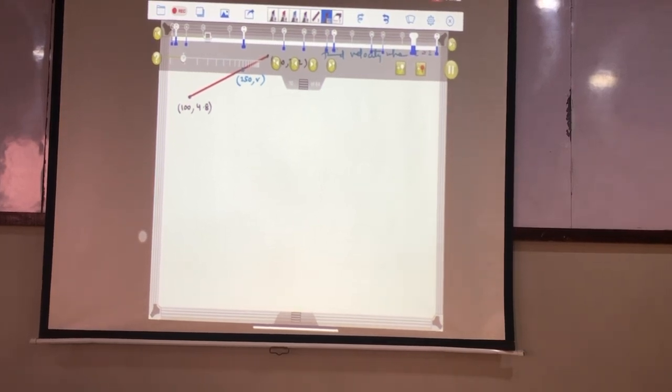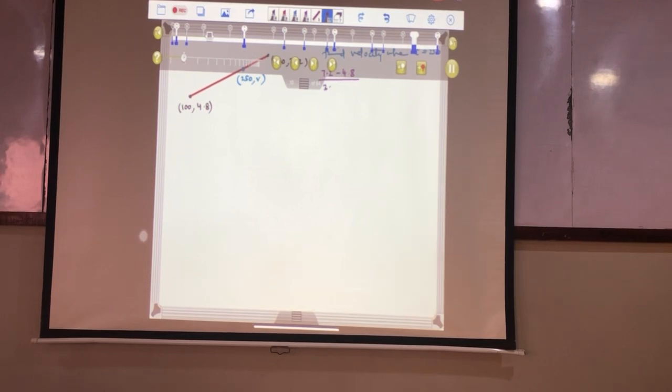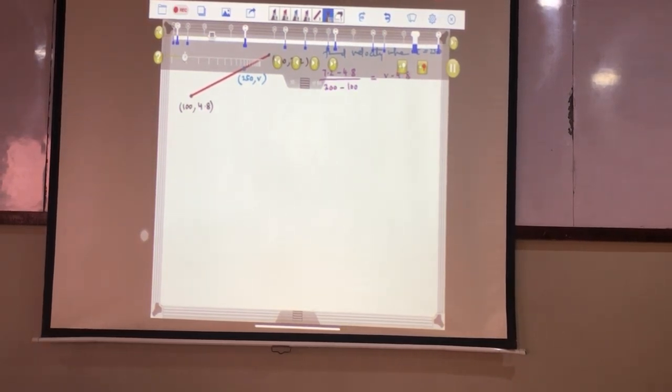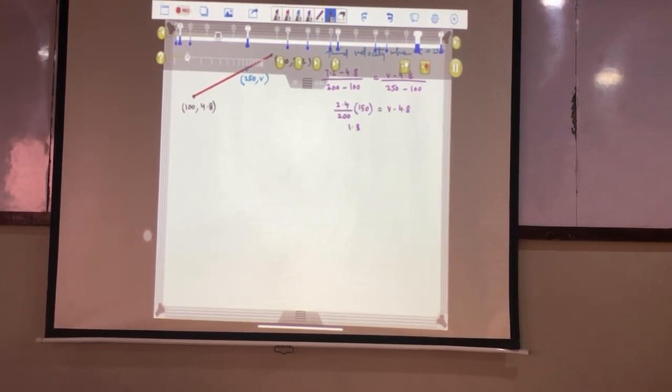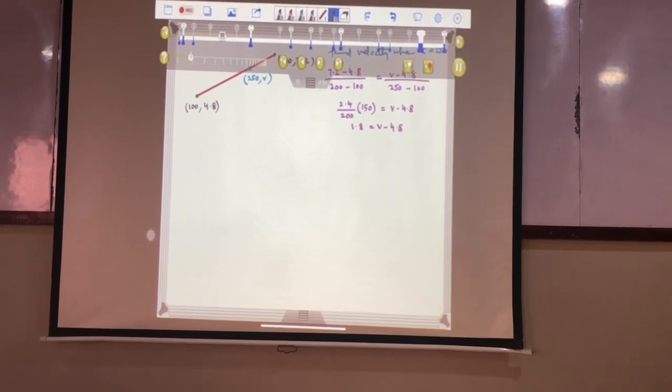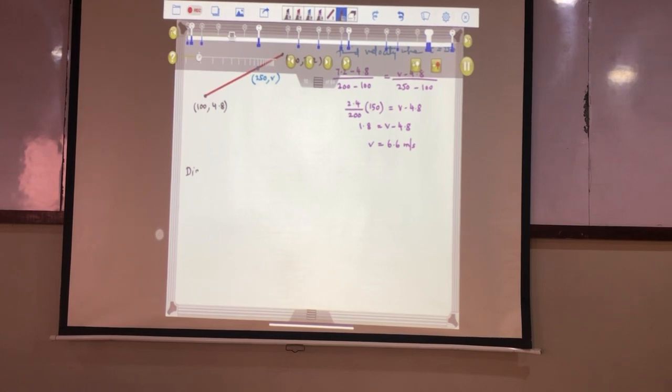The gradient between these points is the same. First and the last point, everything is known. You can use the first and the second to find the value of V. Using the simple concept of gradient, V comes out to be 6.6 meters per second.